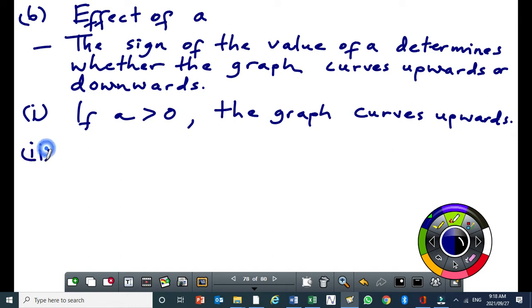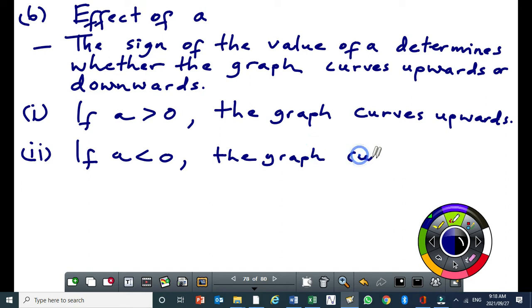Then number two, if a is negative, the graph curves downwards. So make sure you are aware of this. Up to matric, you have to know it. And even beyond, if you start something that has got maths.